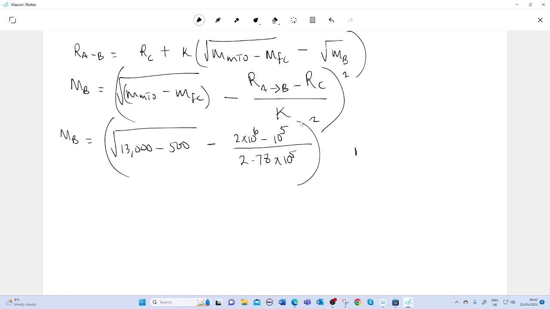So our MB equals 11,020 kilogram calculated.